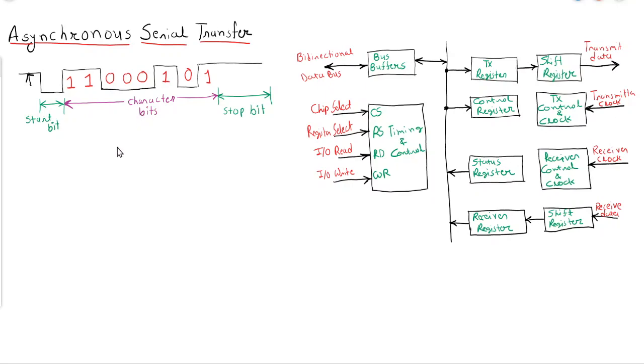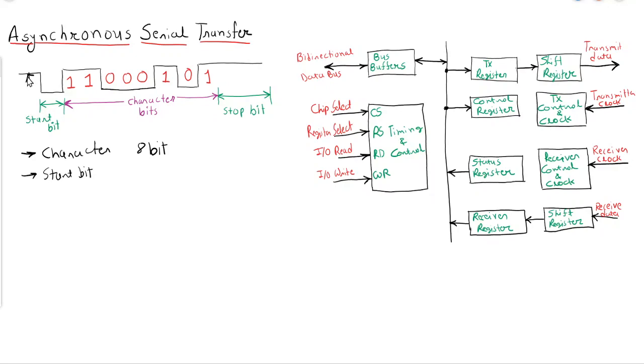Here in asynchronous serial transfer, the data will be transferred in the form of characters. A character means 8 bits. Initially, this channel will be kept high. Then the receiver will receive the start bit. So what is the start bit?